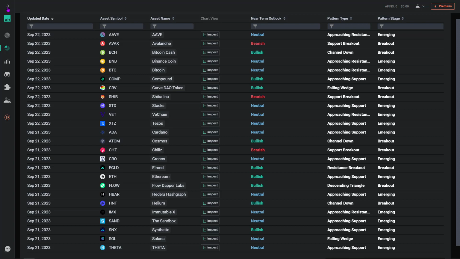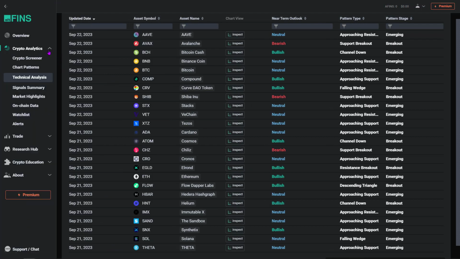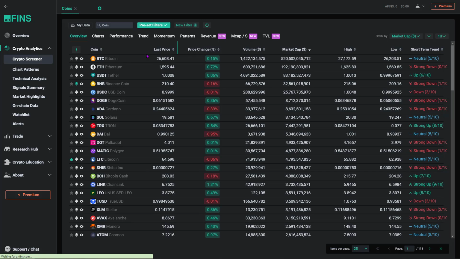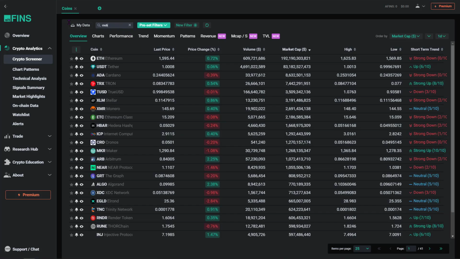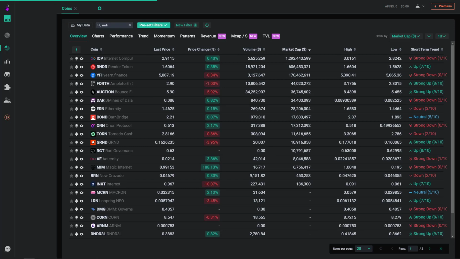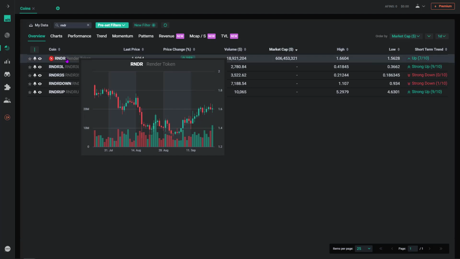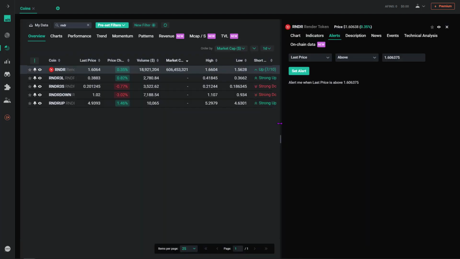The last coin I wanted to take a look at was RNDR, and let's go ahead and find it in the crypto screener. I wanted to also show you that you can get to the technical analyses from the crypto screener right here, under the technical analysis tab.